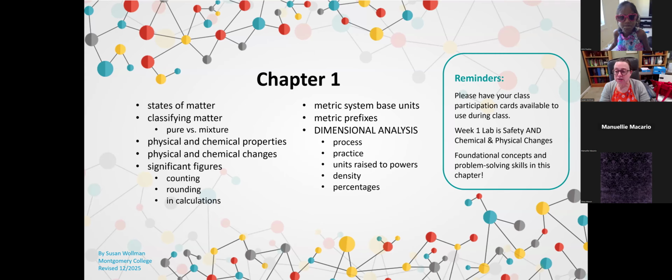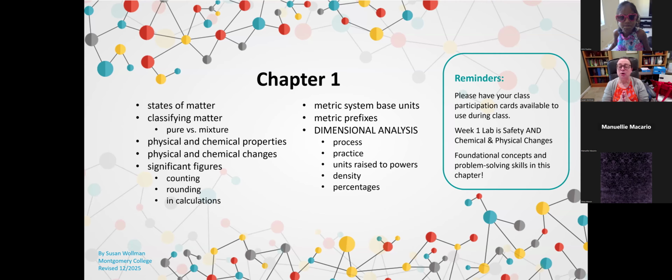Here is what our chapter 1 is going to look like. We are going to spend the rest of this week and most of next week on chapter 1. If you have friends in other Chem 030 or Chem 131 classes, they may have already finished chapter 1 by now, so they're not doing any of this groundwork.